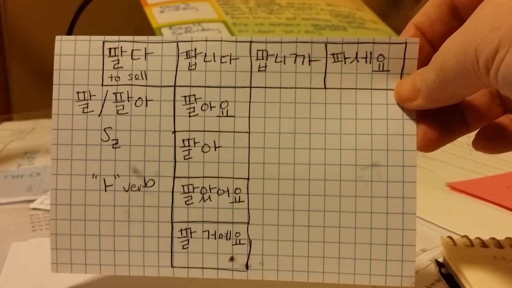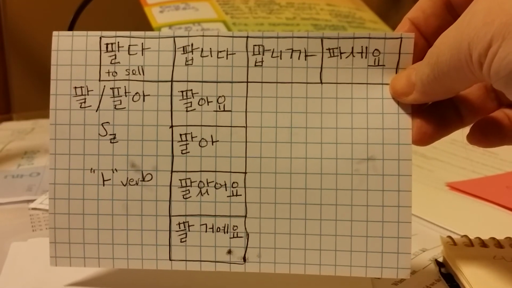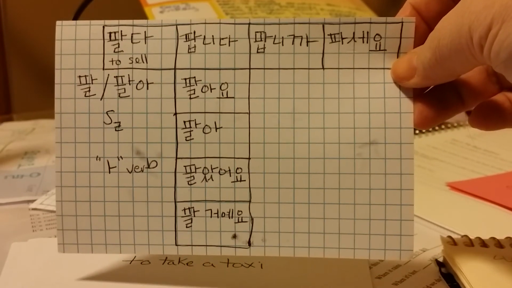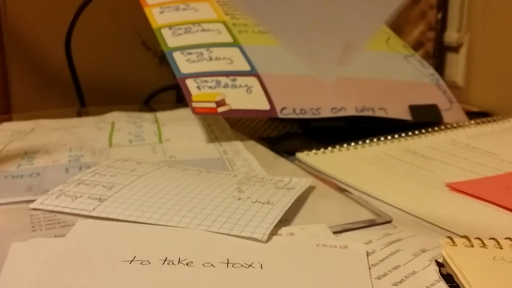And just wrote them all out. Every single verb that I had in this class, I wrote it out as a card. And then I would work on practicing these cards.